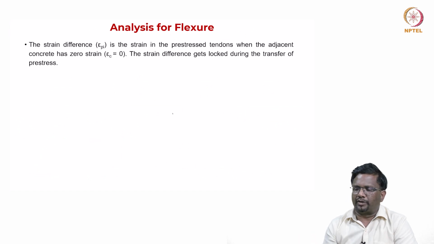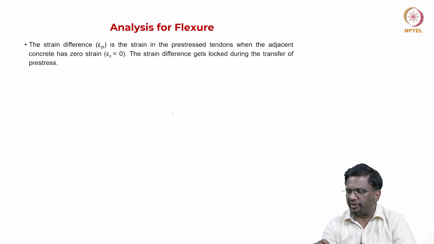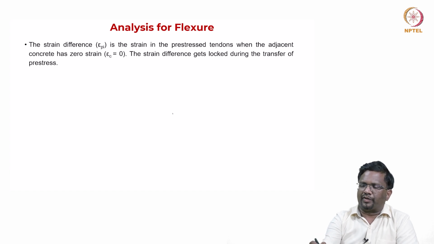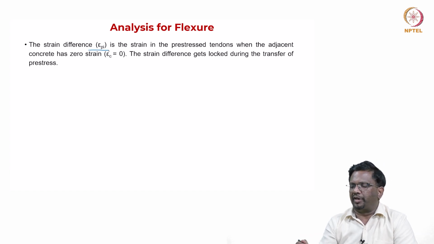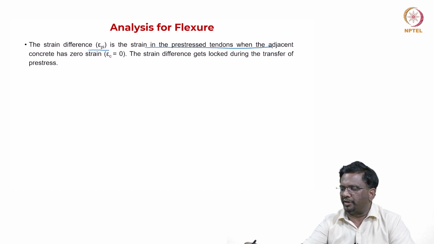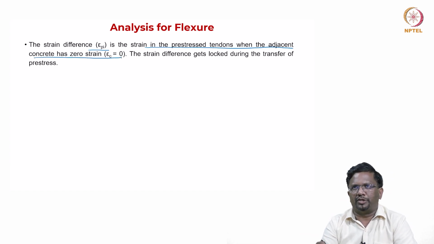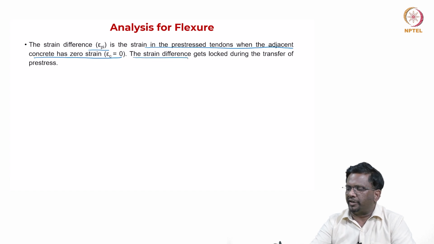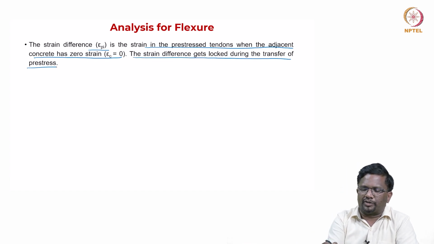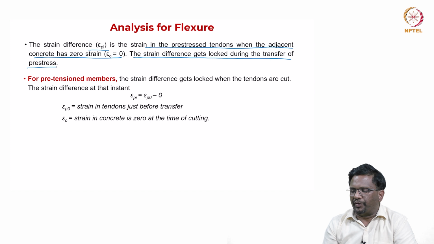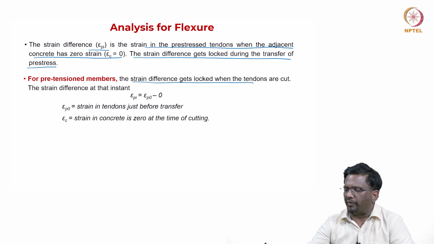Now, let us look at the strain difference in pre-tensioning and post-tensioning. The strain difference, which is the initial strain epsilon pi, is the strain in pre-stressed tendons when the adjacent concrete has zero strain. What does that mean? That means the strain difference gets locked during the transfer of pre-stress, right. If you look at pre-tension members, the strain difference gets locked when the tendons are cut.